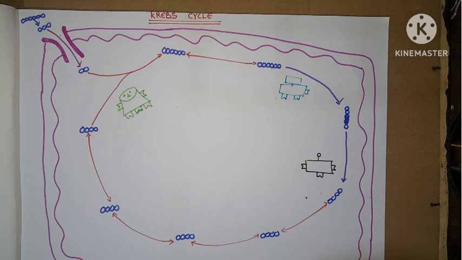So we have done the glycolysis pathway, and we all know that we converted glucose to two pyruvate molecules, and then we generated two net ATPs and 4 NADH.